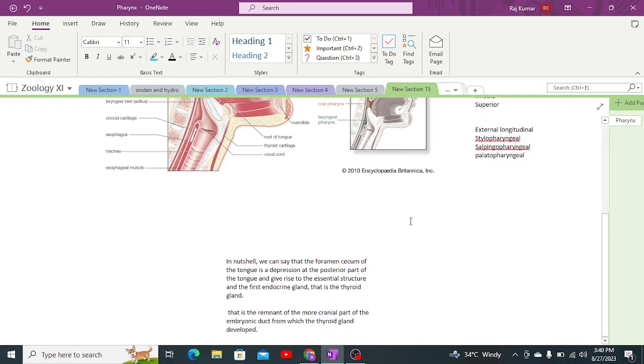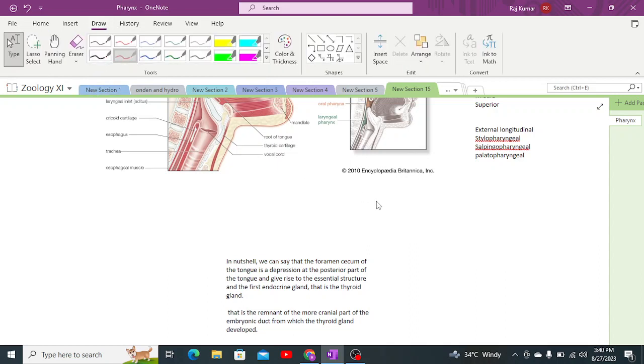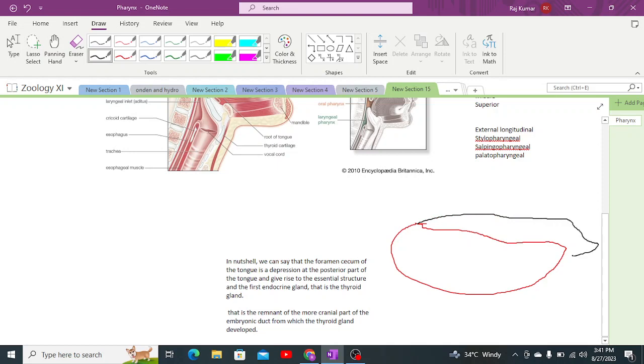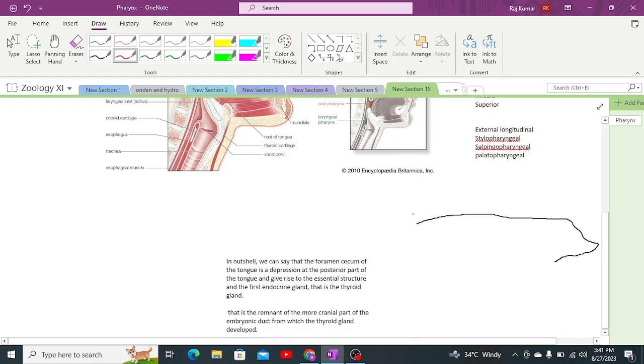Apart from the constrictors, we also have a ring-like structure around the pharynx. Let me draw it over the screen.